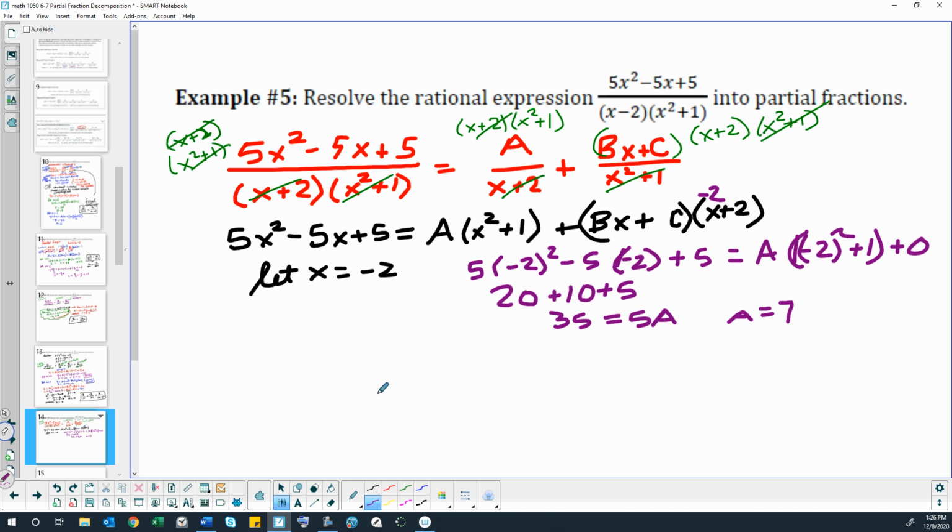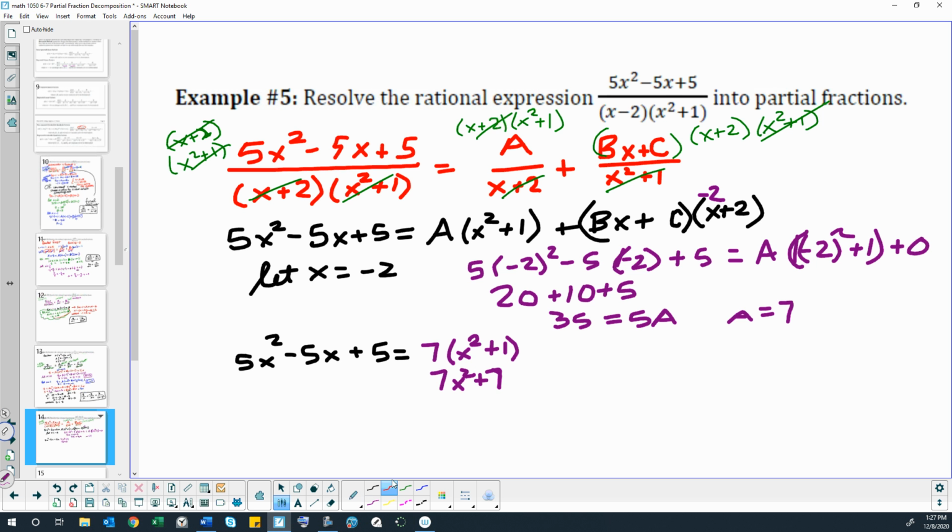Alright, so kind of like we've done in previous steps, we can plug that back in for A, and then that will help us to figure out another way to do this, probably with grouping our terms together. So I'm going to plug 7 in. Plus 5 equals 7 times x squared plus 1. I should maybe just distribute that. So that would be 7x squared plus 7.